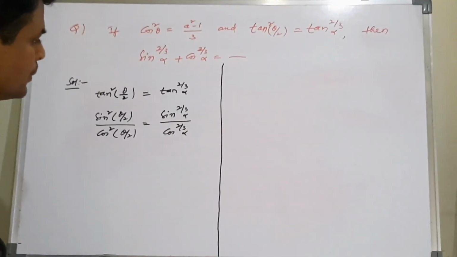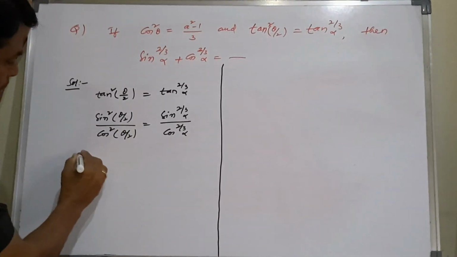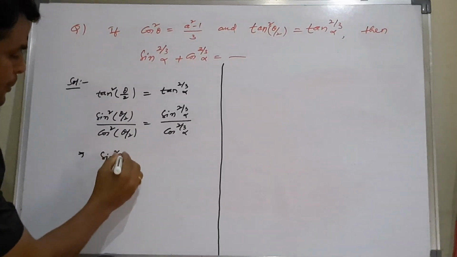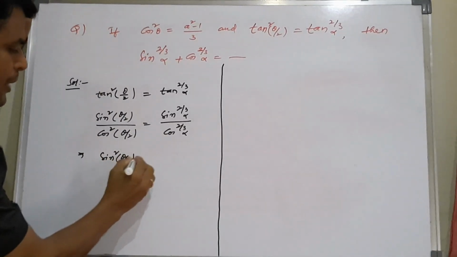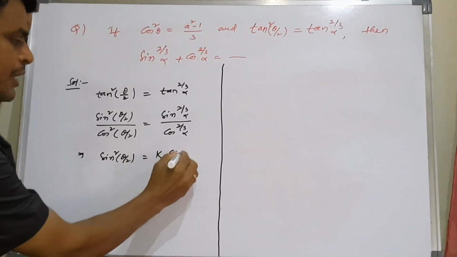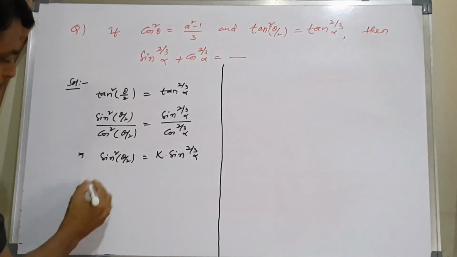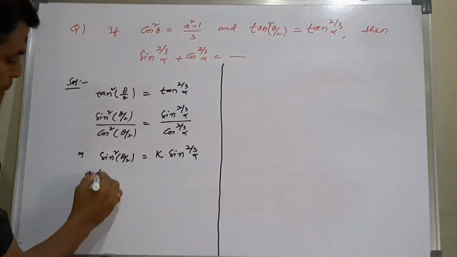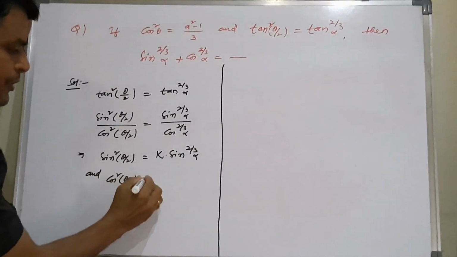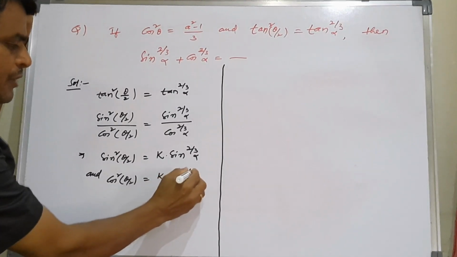Now we can say that sin square theta by 2 is k times of sin power 2 by 3 alpha and cos square theta by 2 is k times of cos power 2 by 3 alpha, we can say.